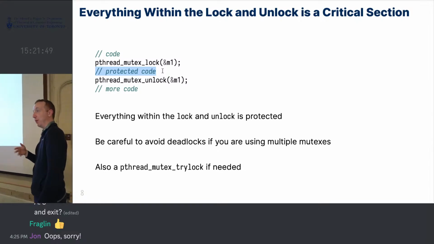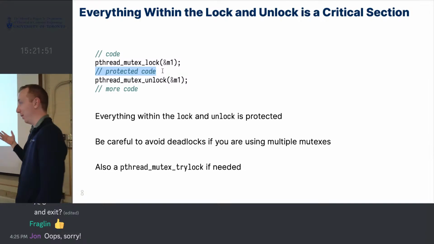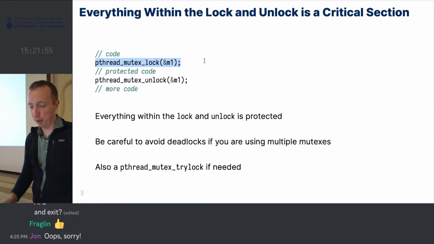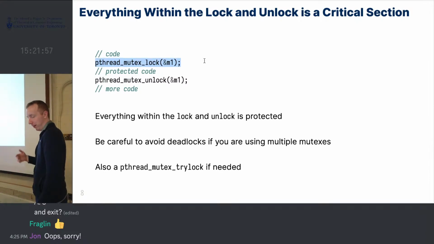So ideally only one person is in the bathroom, no one else follows you in or does anything. So this lock call should behave like the equivalent of you locking the door of the bathroom and having the key with you.